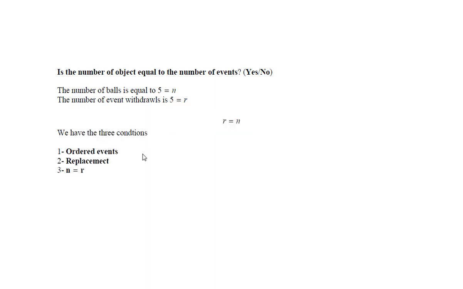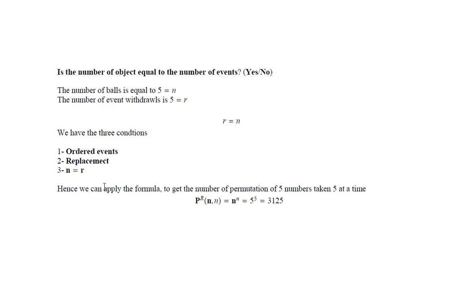So that means that the number of objects or balls is 5, and the number of withdrawal events is also 5. So R is equal to N, and now the 3 conditions are met: ordered events, with replacement, and N is equal to R.